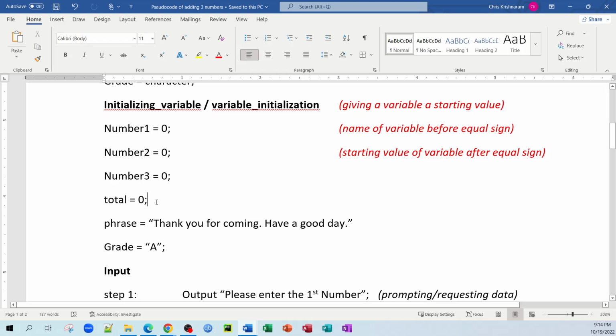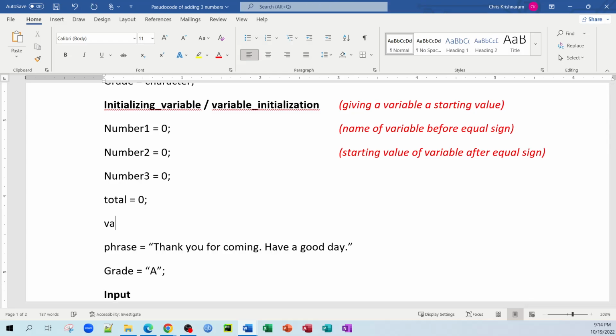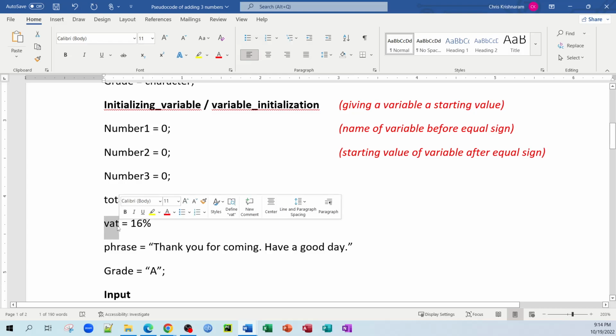So say for instance, we have a variable called VAT, and we say this variable starts off with 16. Say this variable starts off with 60%. Then throughout the program, we are not going to store any value into this variable called VAT because we do not want to change the 60%.